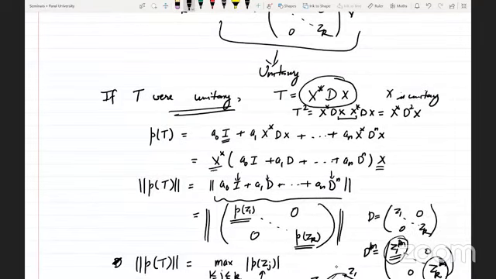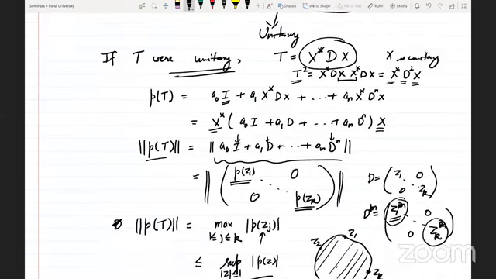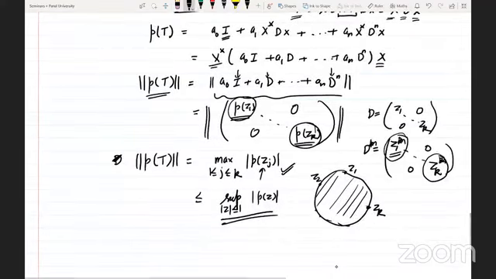And the other part was played purely by computation, because T square was x star D square x. And so if you look at P(T), its norm is basically the maximum of these quantities, and these Z1, Z2, Zk were a few points from the circle, and therefore that maximum should be less than or equal to the maximum over the bigger set.